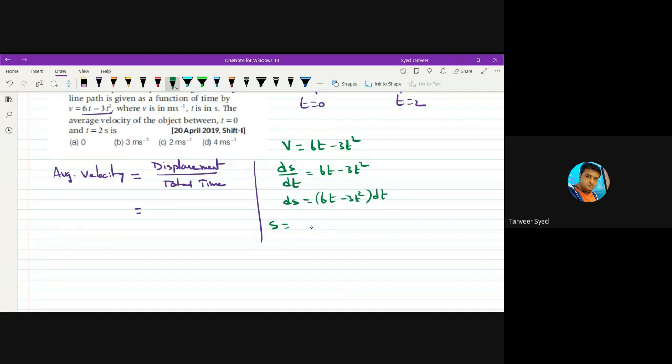We want total displacement in an interval of 2 seconds. So s is equal to integral ds, which is equal to integral of (6t minus 3t square) dt from 0 to 2.